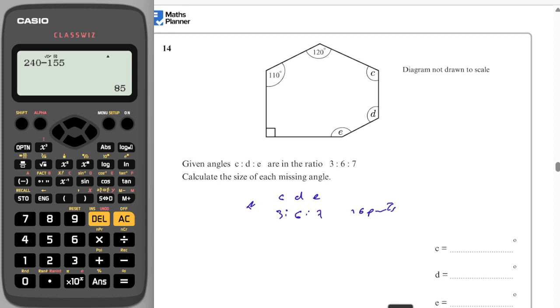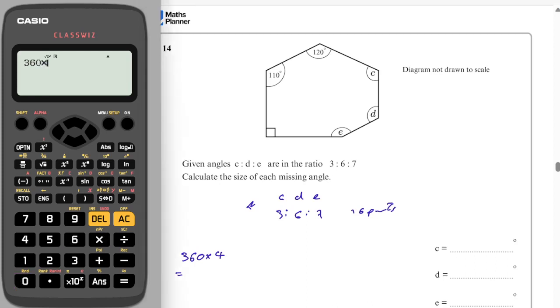Right, angle sum of a 1, 2, 3, 4, 5, 6-sided shape is going to be equal to 360 times by 4, or number of sides minus 2. So 360 times by 4 is going to be equal to 1,440.